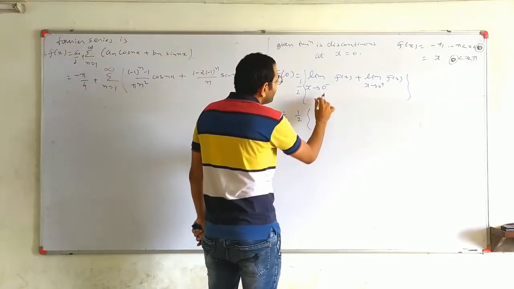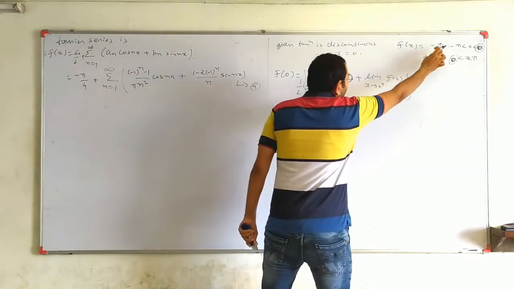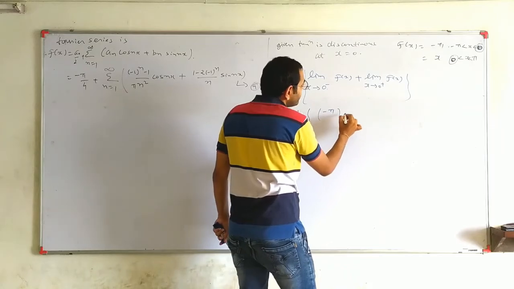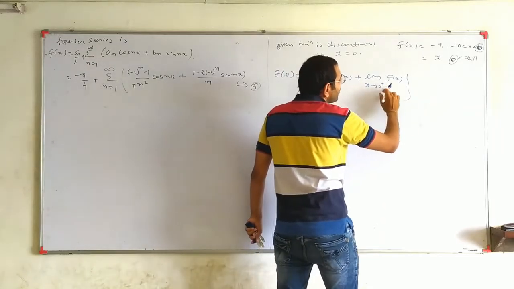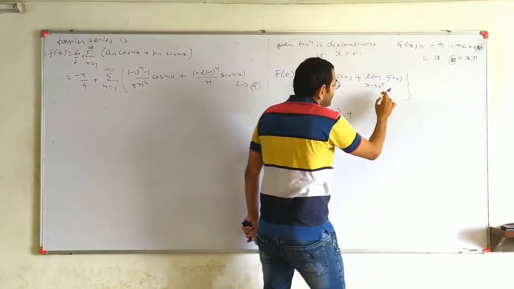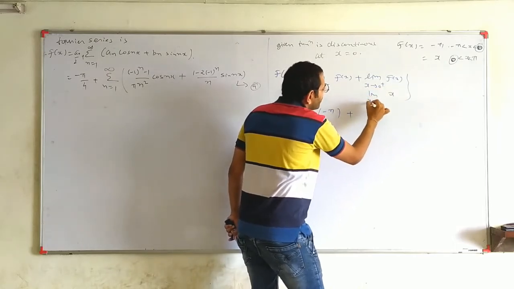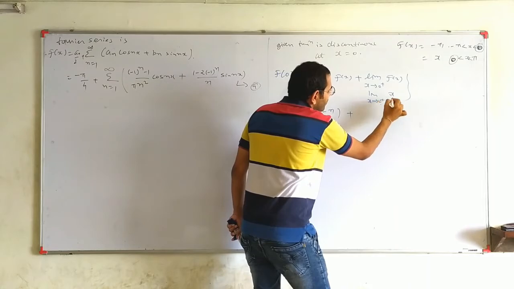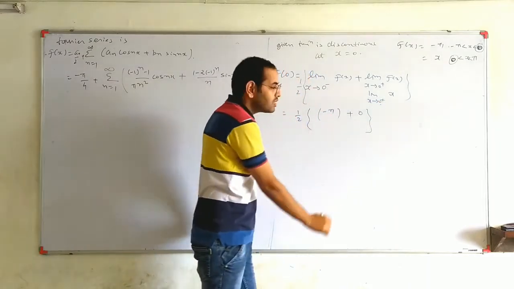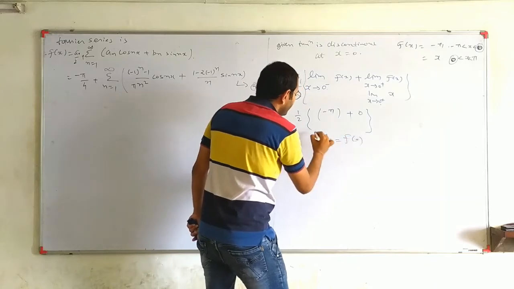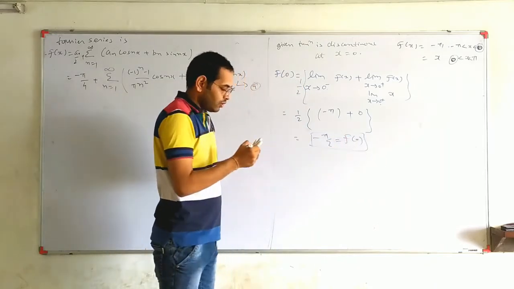Then we get 1/2 of, for 0 minus, the value minus pi, plus for 0 plus the function having value x, substitute x as 0, then 0. Then we get minus pi by 2, that is the value of f of 0.